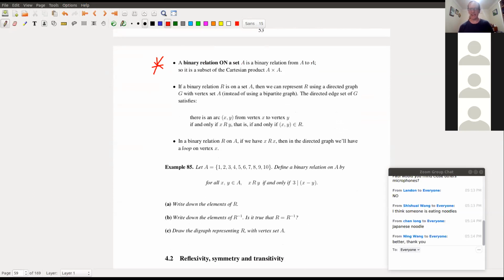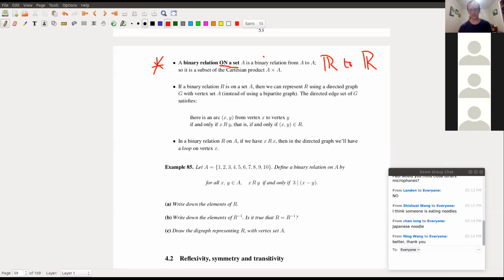So we've been going from A across to B, but a lot of times you're interested in going from A to A. For what we're doing, you're really going to be going from the reals to the reals, like normal functions, R to R. That's got a special name because it's so important: a binary relation on a set.